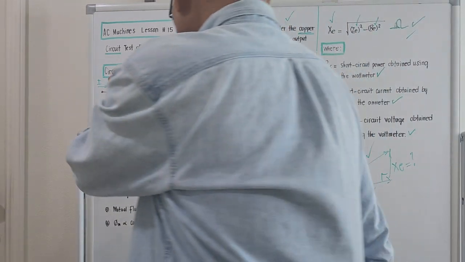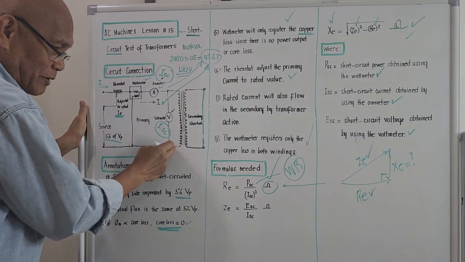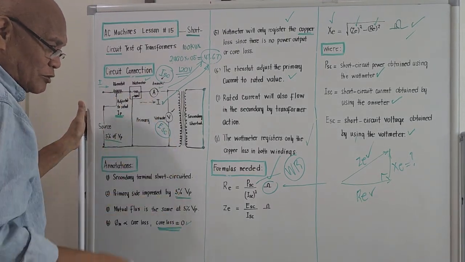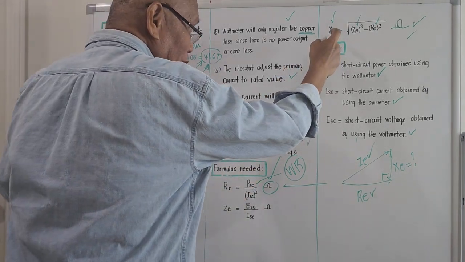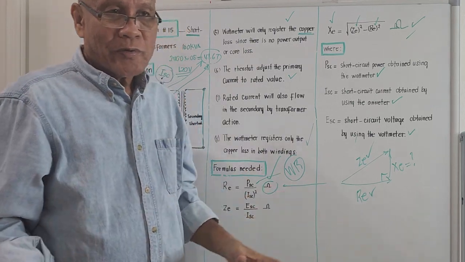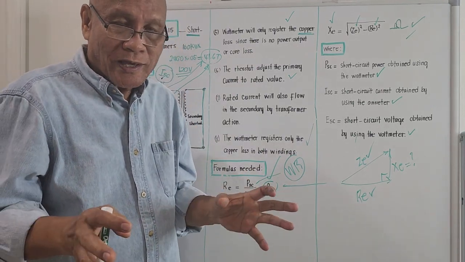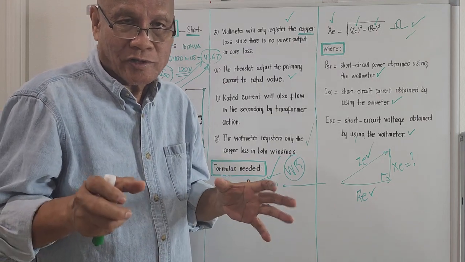Okay? The reading of the wattmeter, reading of the ammeter, and reading of the voltmeter. From these values, we could compute for RE, ZE, and by using this formula, we could compute for XE. Okay, that's it, guys. That's the way on how to compute for the copper loss of a transformer by using the so-called short circuit test.